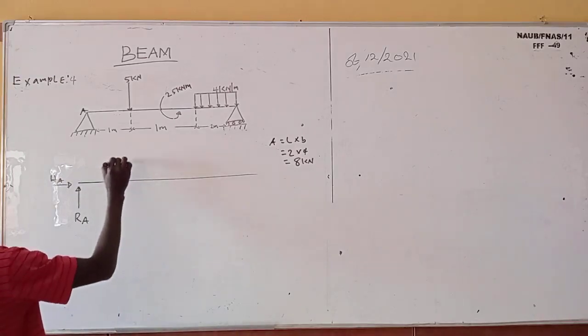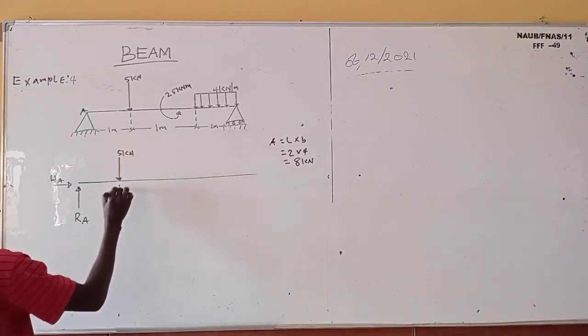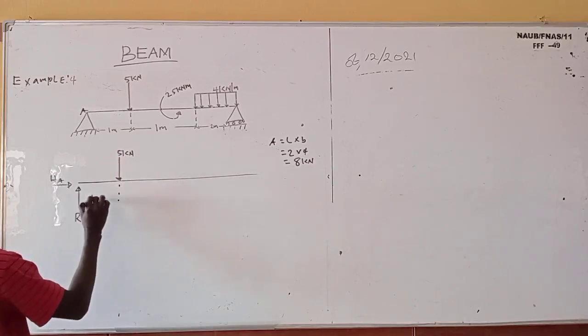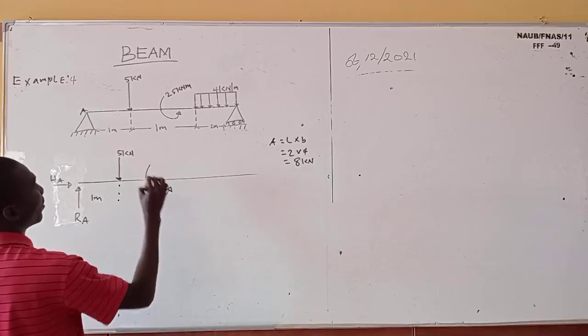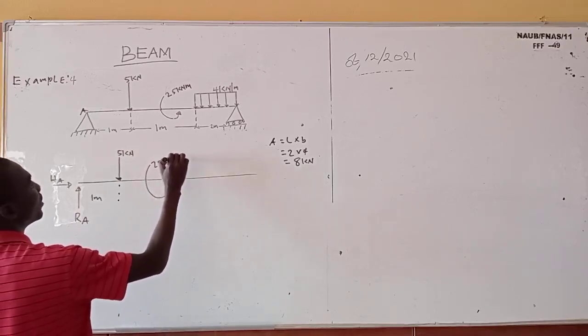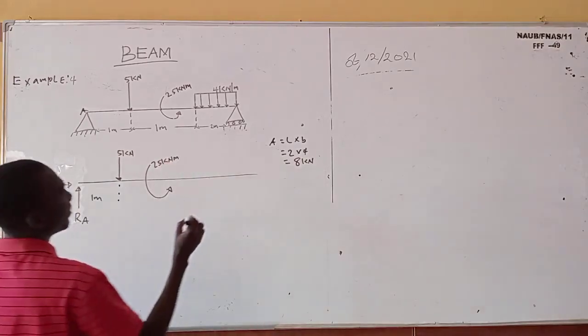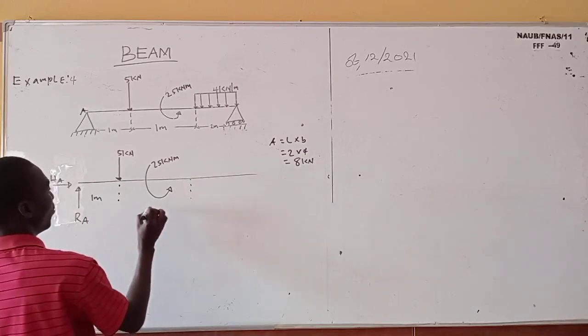Here we are going to have 5 kilonewton covering a distance of 1 meter, and we are going to have our moment, which is 25 kilonewton meter, also covering 1 meter.